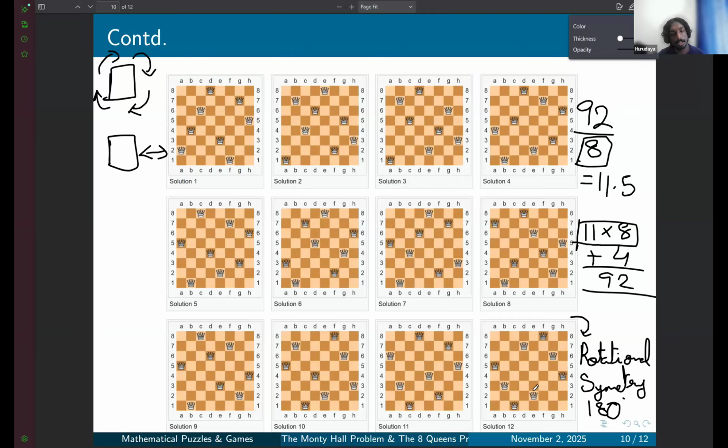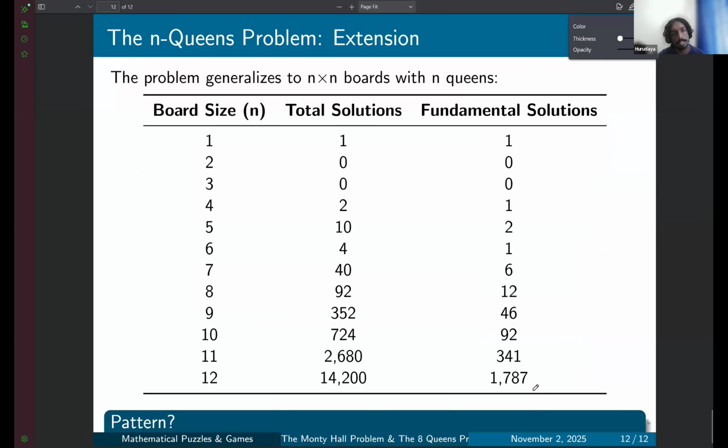We're not only interested in doing this for an 8x8 chessboard. Sometimes we want to think about this for any number of queens, or an n×n chessboard with n queens. So that's another interesting thing that we can think about, where obviously if the board is just one square, you put the queen there, that's your solution, and you can't have any other solutions.